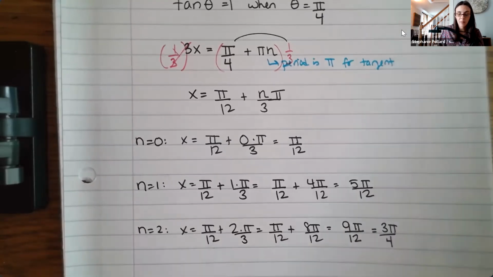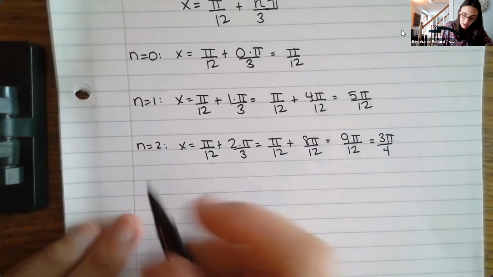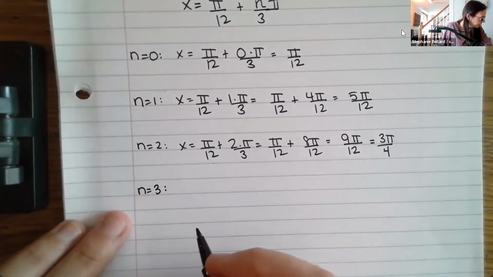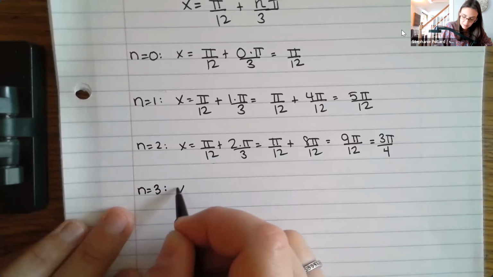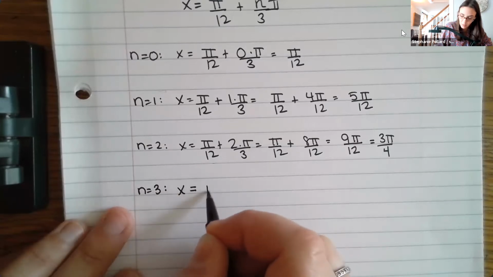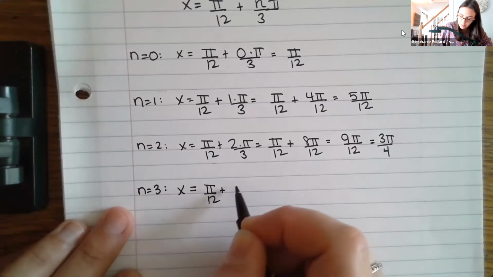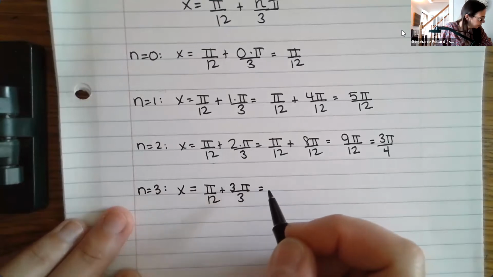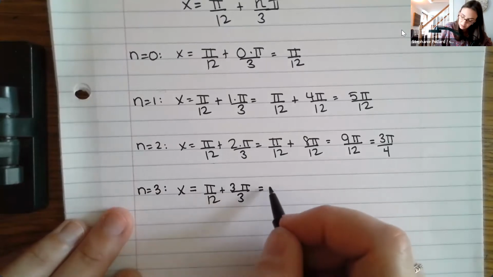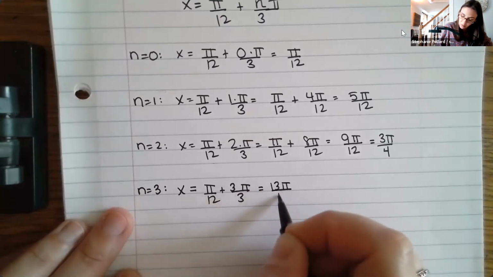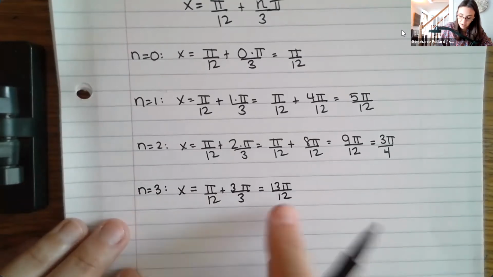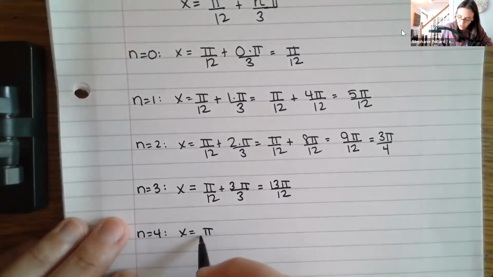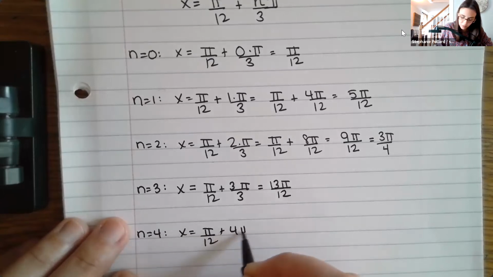I'll let you do some of the arithmetic on your own. When I do n equals 3, let's see, I'm going to get x is equal to, again, pi over 12 plus 3 pi over 3, which is just pi. And when you add those together, you end up with 13 pi over 12, which is still less than 2 pi. When I do n equals 4, I have pi over 12 plus 4 pi over 3.